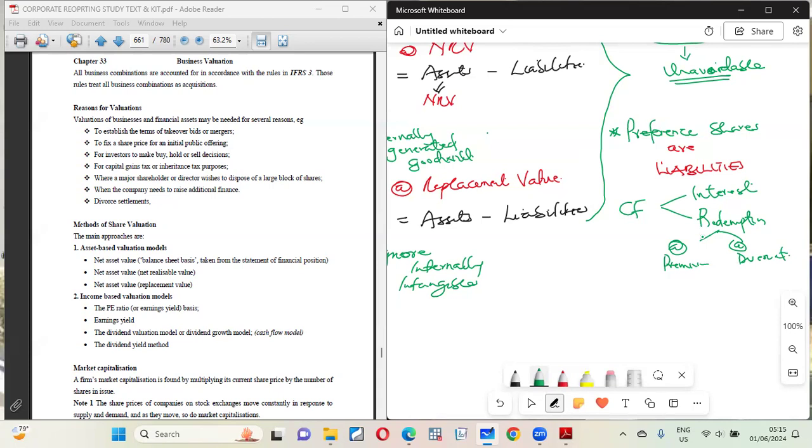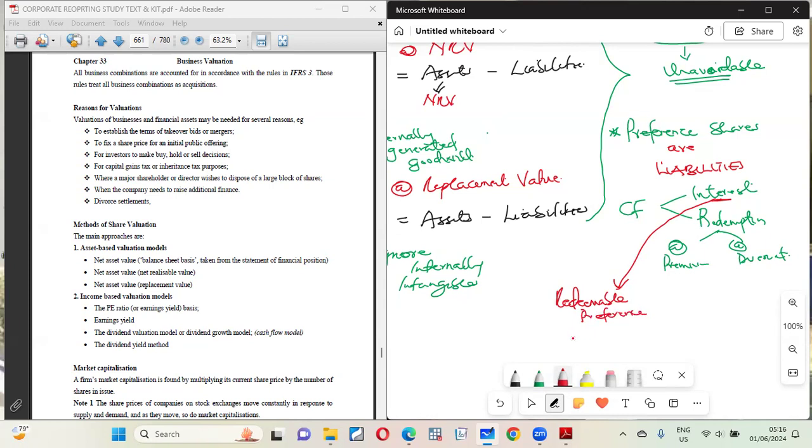Now, that said, where can I find this interest inside the financial statements? That is where the issue of redeemable preference shares and irredeemable preference shares comes in. For redeemable preference shares, the interest, which is their return on a yearly basis, we will find inside the P&L.